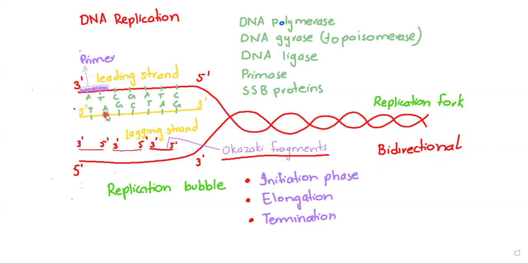of the old nucleotide. Like here, this is thymine. When A is added here, it will be added at the 3 end of the thymine. So this is a very important concept. Often students confuse it. And this is a lagging strand. The lagging strand has different small strands, and it is a discontinuous process.